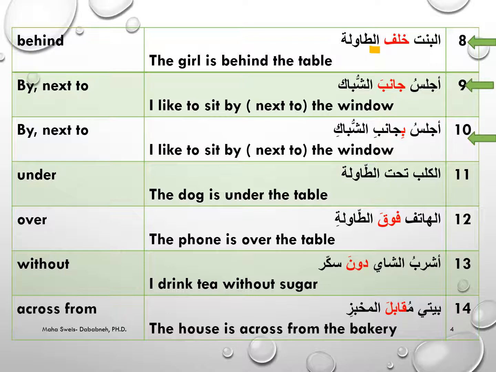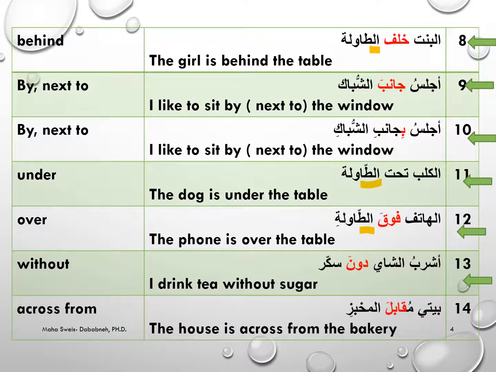So جانب or بجانب, both of them the same meaning, next to or by. So number 10, أجلس بجانب الشباك. الكلب تحت الطاولة. الهاتف فوق الطاولة.